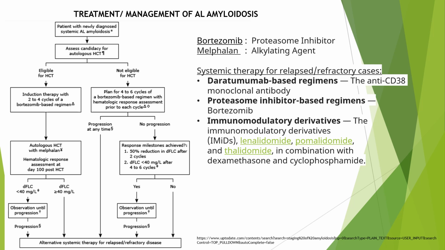Basically, it's a 50% reduction in the free light chain difference of the involved and the uninvolved after 2 cycles, and whether it is less than 40 after 4 to 6 cycles or not. If it is, then we observe until further progression takes place, and if it's not, then we again start giving the systemic therapy for relapsed and refractory cases of AL amyloidosis.